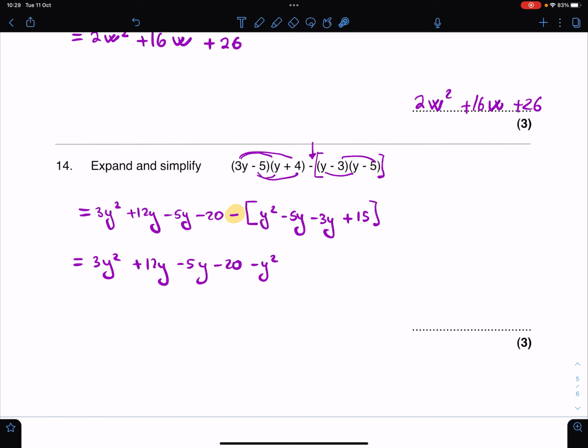The negative 5y is going to be positive because of the double negative, so plus 5y, and plus 3y, and then minus 15. As you can see, the answer in the square bracket completely changed to the opposite signs. That's why I wrote this square bracket, to not get confused with the negative sign in front of it.